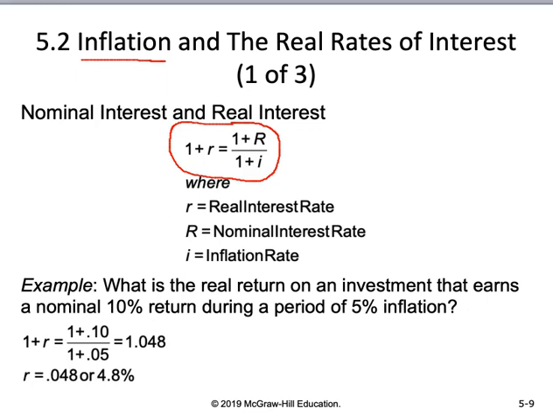Now let's define our terms here. And we use R in this equation, and you'll see this if you Google around on the Fisher equation. Different nomenclature is used, but we've got here R, capital R, is the nominal interest rate. Now that's the published rate. If you see a bank sign flashing 3% on CDs, that is the nominal rate.